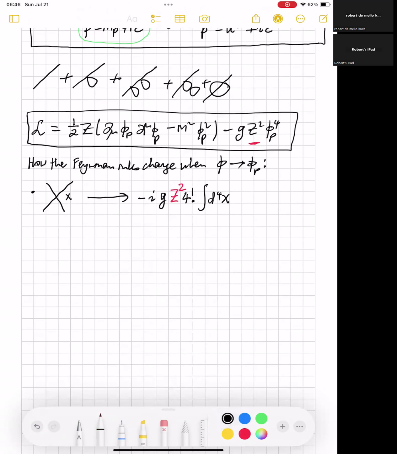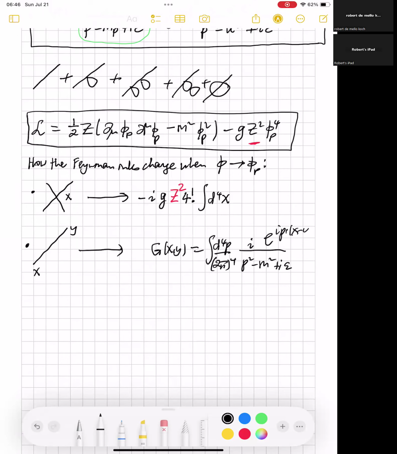The other thing that changes is the rule for the propagator. What this gave us was G of x comma y, equal to an integral d^4p over 2 pi to the 4, of i over p squared minus m squared plus i epsilon, times e to the i p dot (x minus y). Now, where did we get this G of x comma y from?